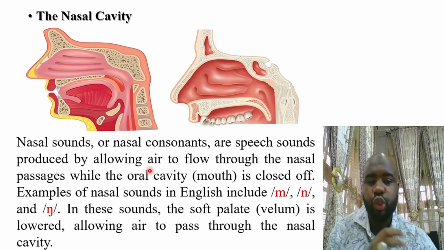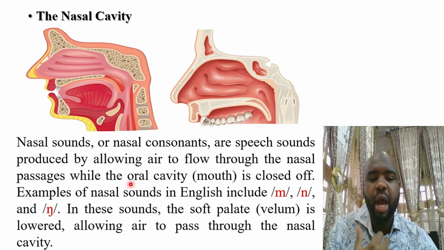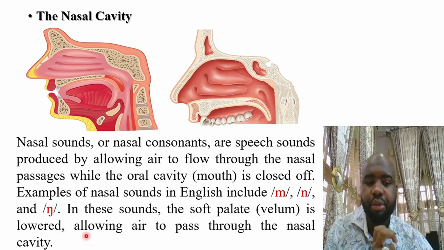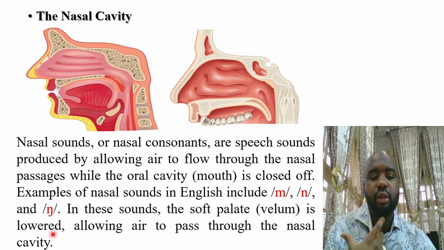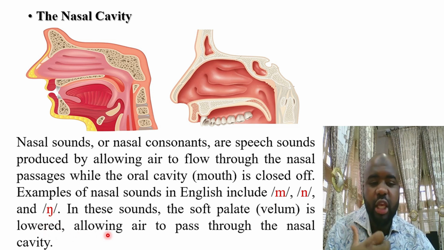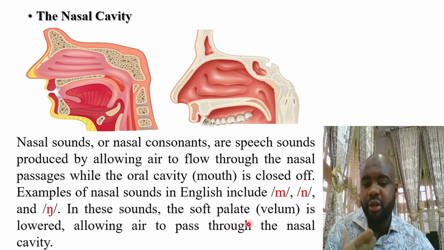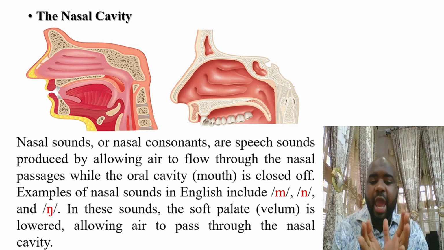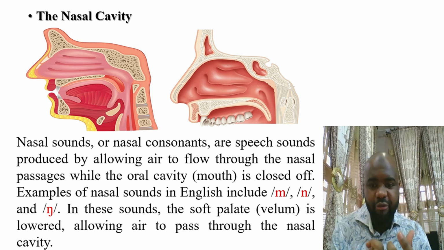Nasal sounds or nasal consonants are speech sounds produced by allowing air to flow through the nasal passages, while the oral cavity, the mouth, is closed off. Examples of nasal sounds in English include the ma, the na, and engma. In these sounds, the soft palate, the velum, is lowered, allowing the air to pass through the nasal cavity.